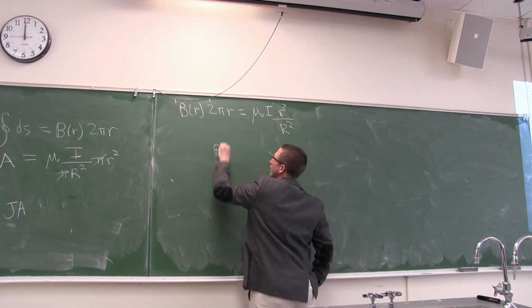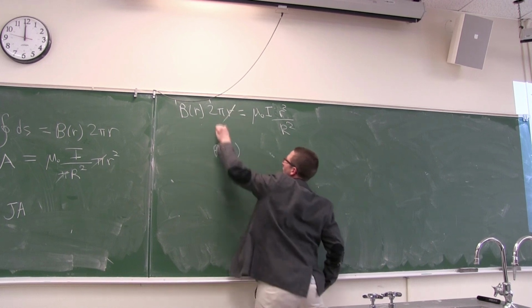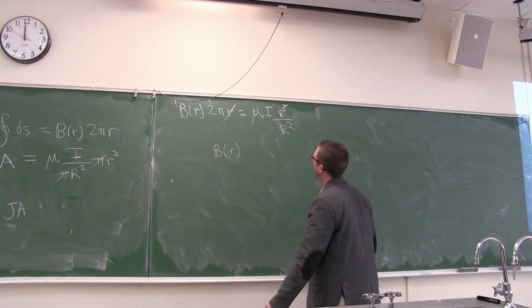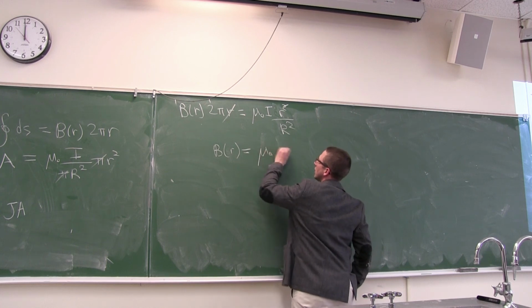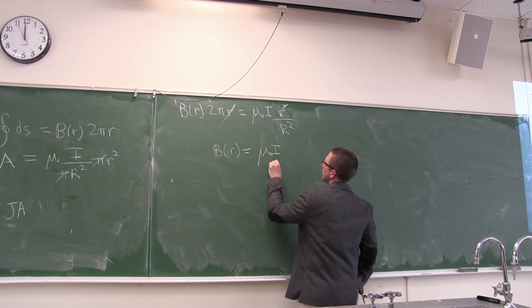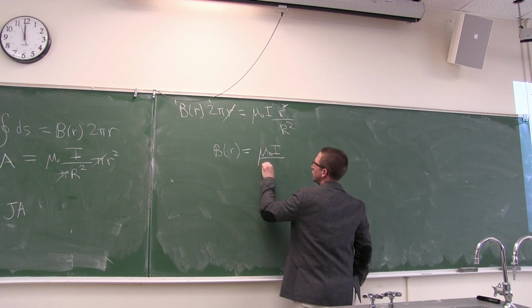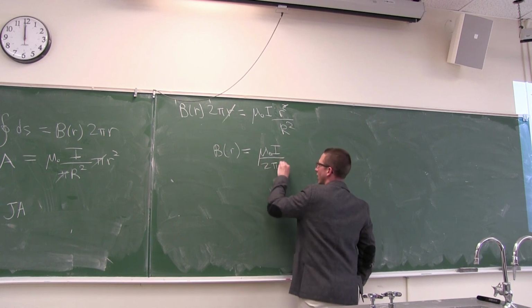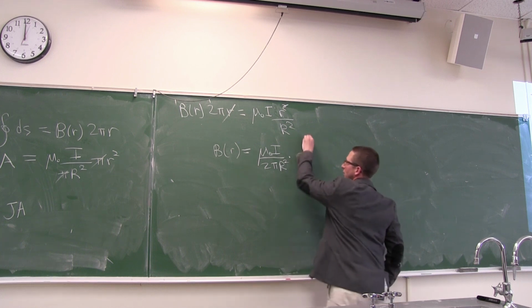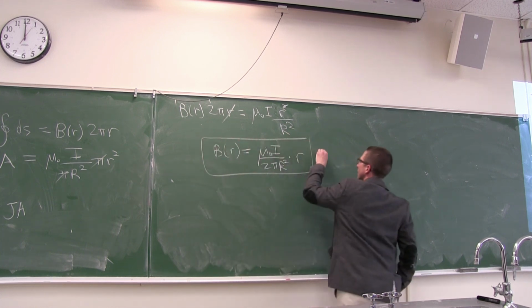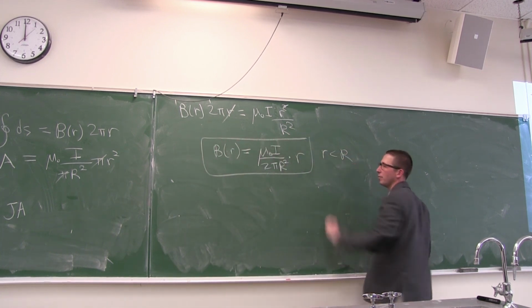So b as a function of r, one of these r's cancels with one of them here. I get b as a function of r is just mu naught I over 2 pi R squared multiplied by little r. This is for little r less than big R.